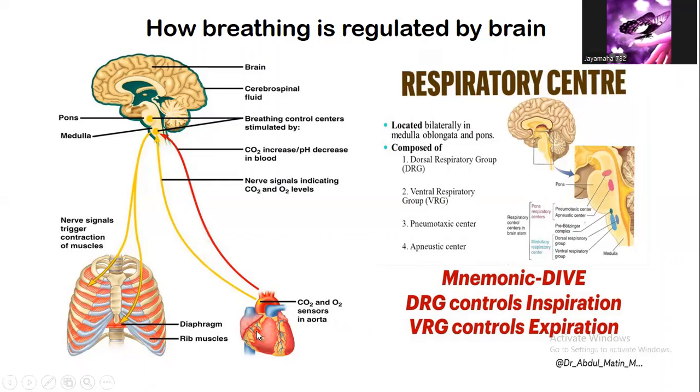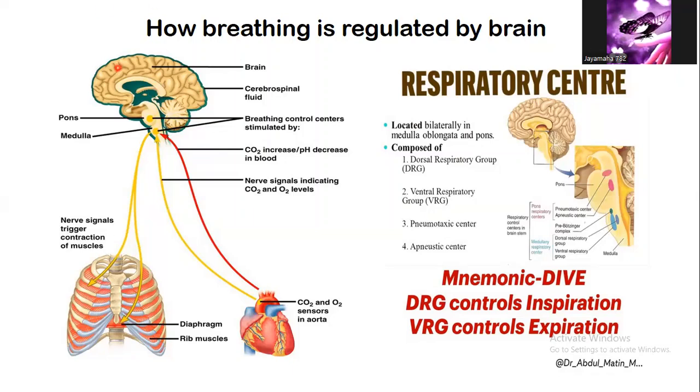First, there are specialized sensors situated in the aorta of your heart to detect the carbon dioxide and oxygen concentration in the blood. If the carbon dioxide concentration increases, meaning the pH of the blood is reduced, it stimulates these sensors. These sensors send signals to your brain's breathing control centers.